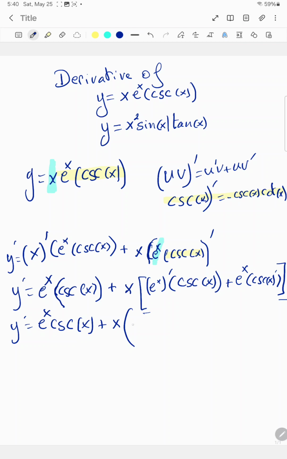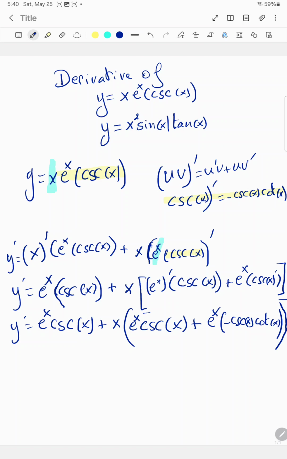The derivative of e to the power of x is e to the power of x cosec of x, plus e^x, and the derivative of cosec of x is minus cosec of x times cotangent of x. And that's my big parentheses.